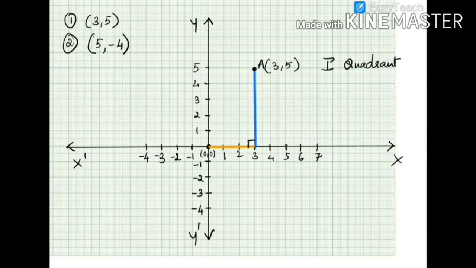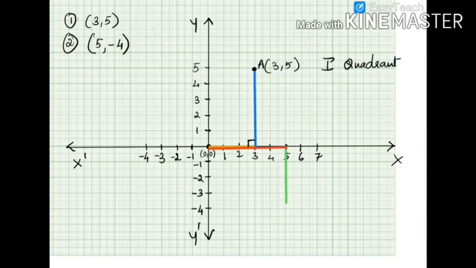5, -4. The first number in this ordered pair is 5, which is positive. So you will move from the origin along the positive x-axis by 5 units and reach here. The second number in the ordered pair is -4, which is the y coordinate, and this number is negative. So from where you have reached, that is this point, you are going to count 4 units along the negative y-axis, that is like this.